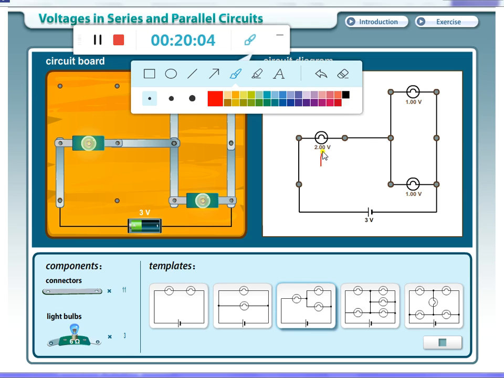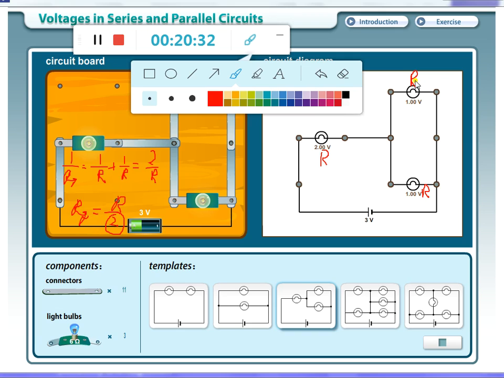Here we can say R and R. In a parallel circuit, 1 over R plus 1 over R will be 1 over the equivalent resistance. Okay, 1 over R equivalent will be 2 over R. Well, what is R equivalent? It will be R over 2. Here this 2 is very important.